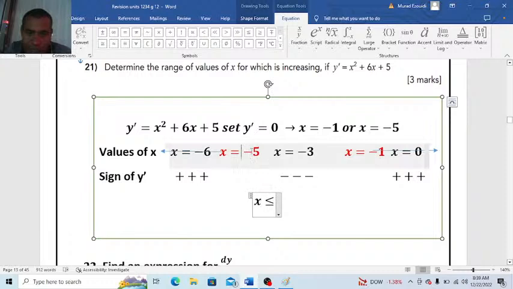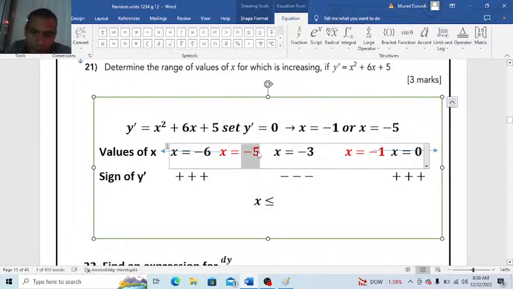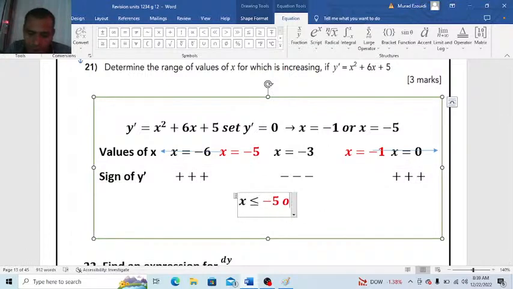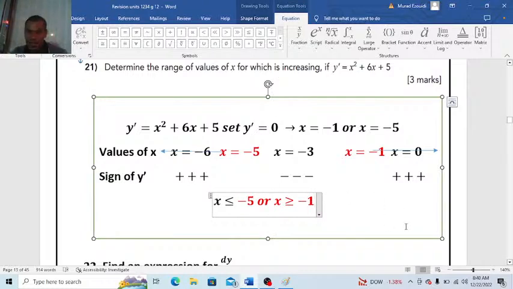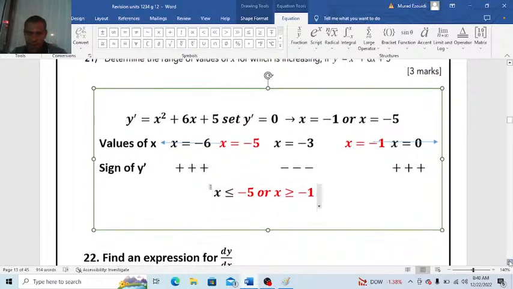I will write x is less than or equal to -5, copy, or x is more than or equal to -1. Okay, this is the range. Okay, learners, thank you for listening.